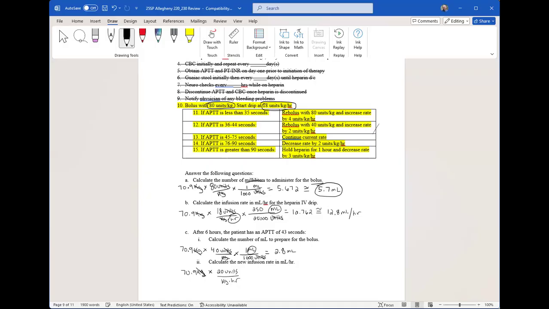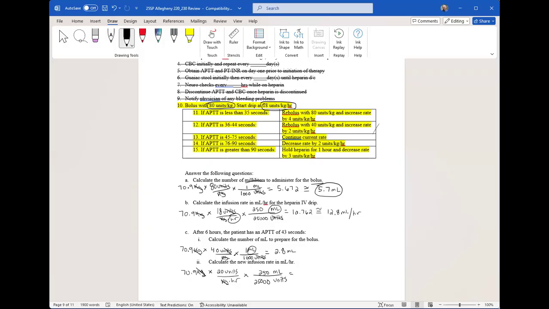All right, so kilograms are gone. Again, I need to go from units to milliliters. I'm not going to use the bolus dose. I'm going to use the available IV.